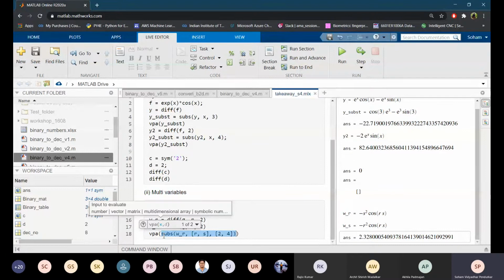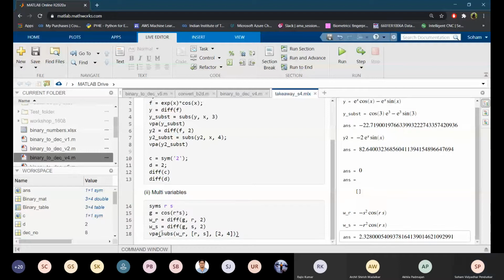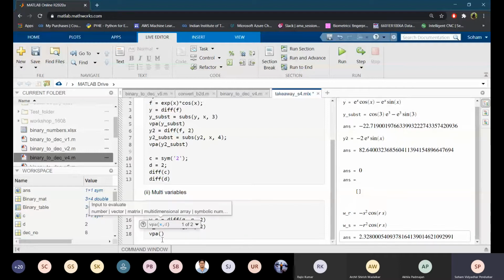Now instead I'm just using it directly without storing it in something else. So vpa opens parentheses and is ready to accept something, and I put this in here. So now it will do the substitution into this and calculate vpa.